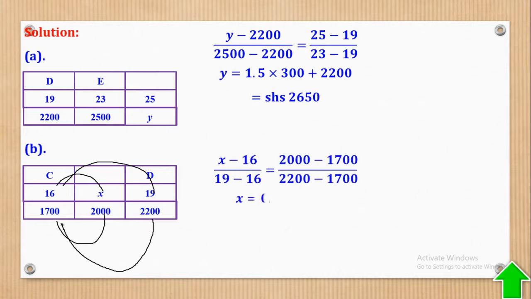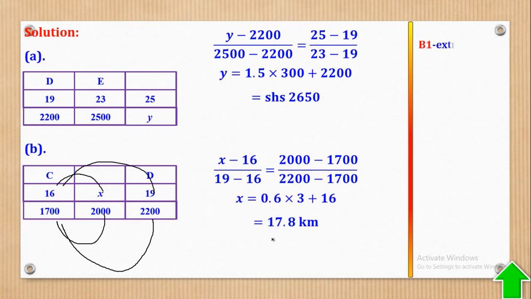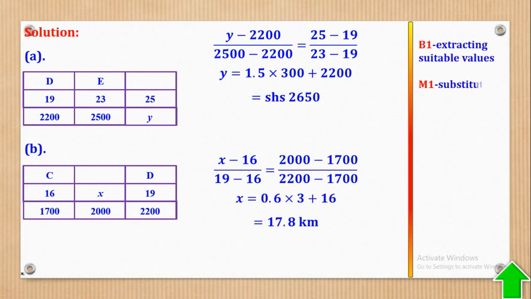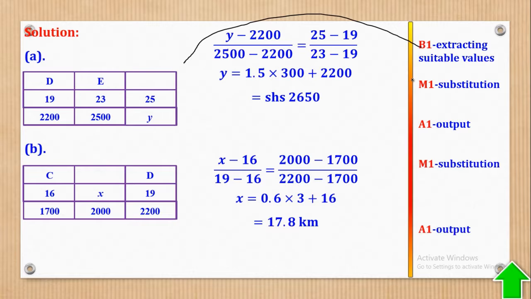When I make x the subject, x will be equal to 17.8 kilometers. So basically that is what they wanted. M1 for this table, extracting out the suitable values, M1 for substitution, A1 for the output, M1 for substitution, A1 for output.